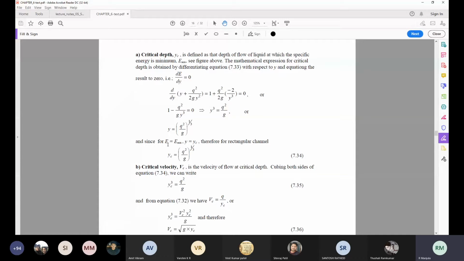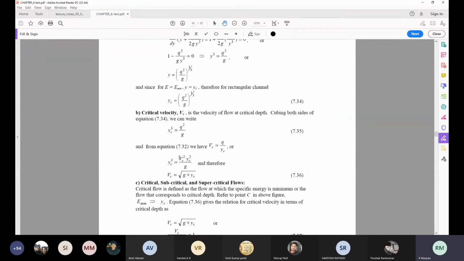For E equal to E minimum, Y is equal to YC, and hence for a rectangular channel, YC is q square by g whole raised to 1 by 3. Please remember this formula. Your critical depth is q square by g, the whole raised to 1 by 3, where q is the discharge per unit width.